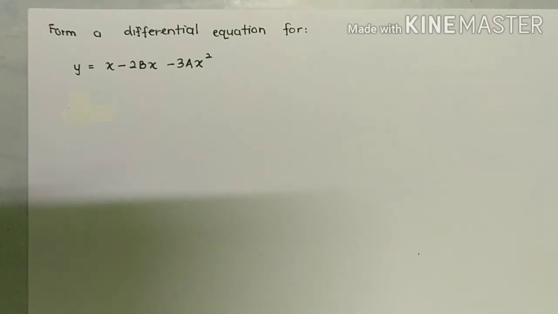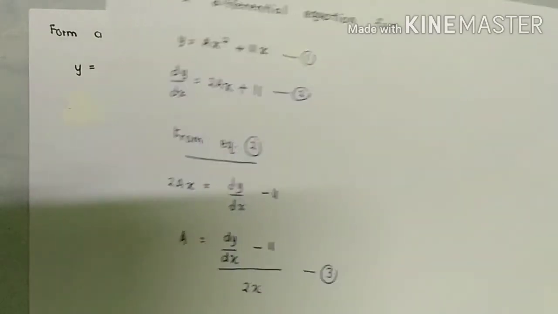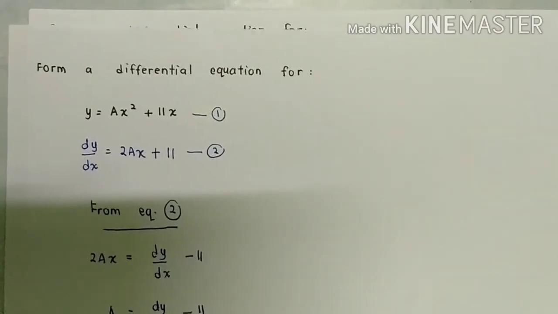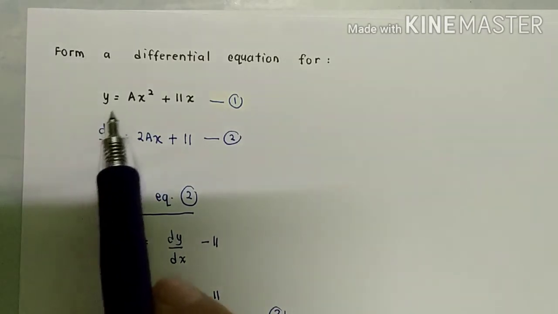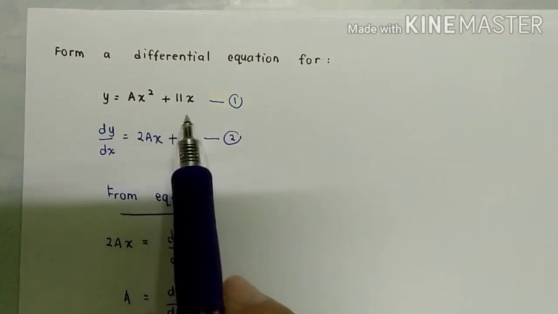So in this video, I'll show you how to form a differential equation for this equation. We have y equals x minus 2bx minus 3ax squared. In the previous video, I already showed you how to form a differential equation for this equation: y equals ax squared plus 11x.